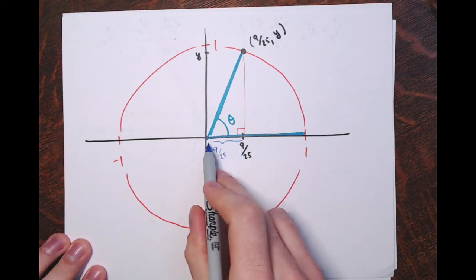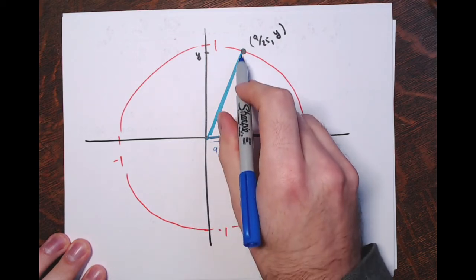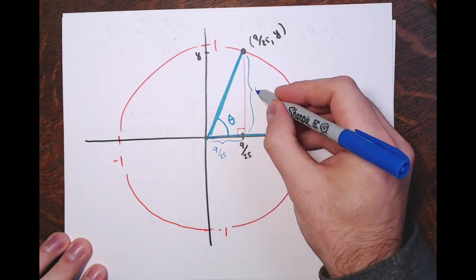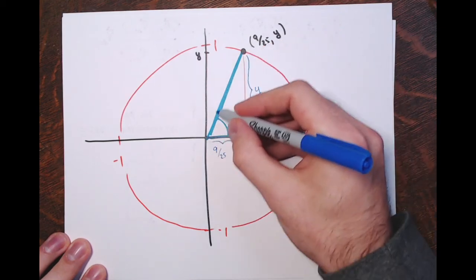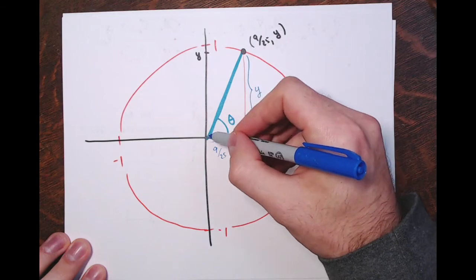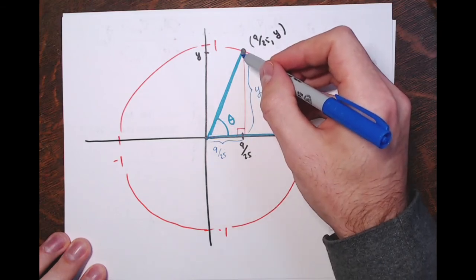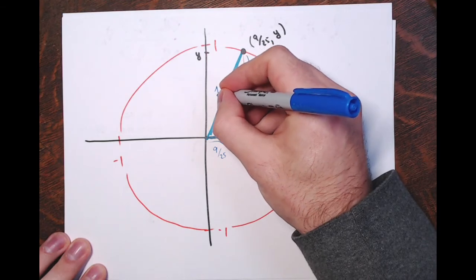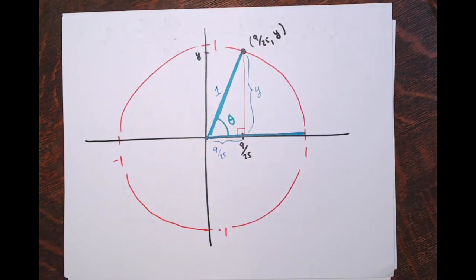That's just the horizontal left-right distance to get under that point. It's this length I don't know, because the hypotenuse is going to be a radius of this circle, and this was the unit circle. It has a radius of 1.